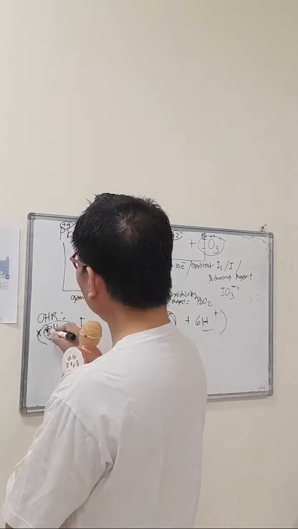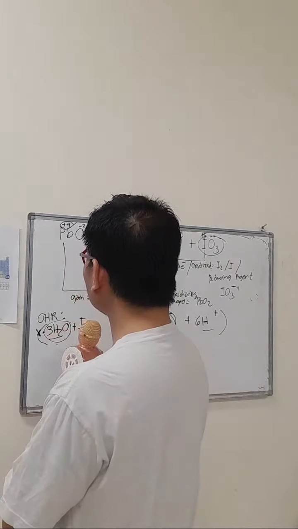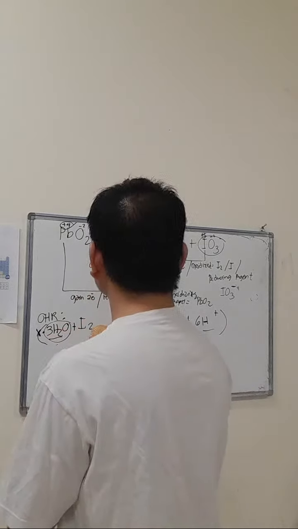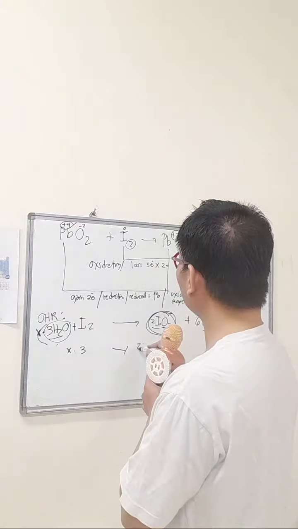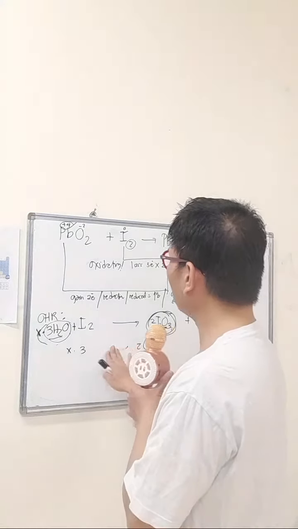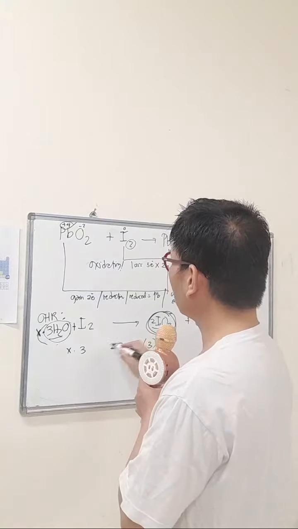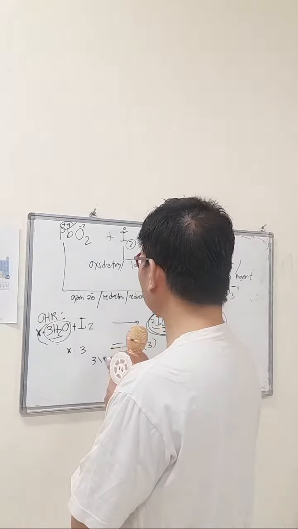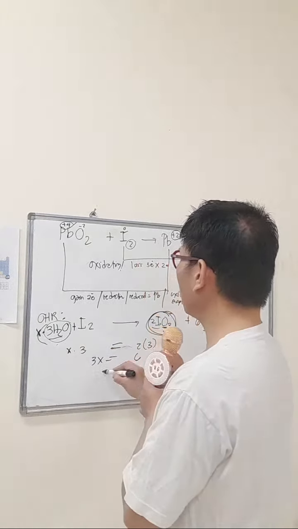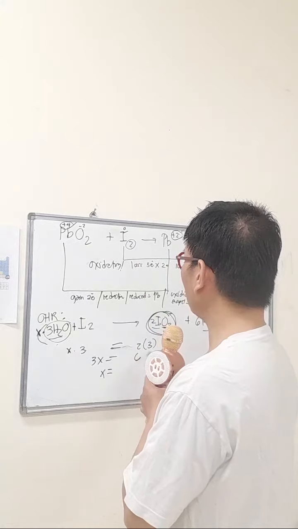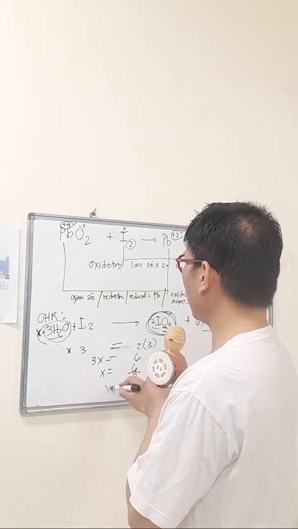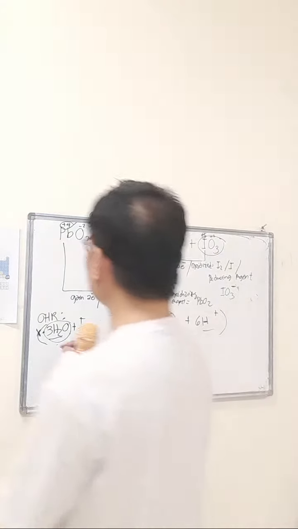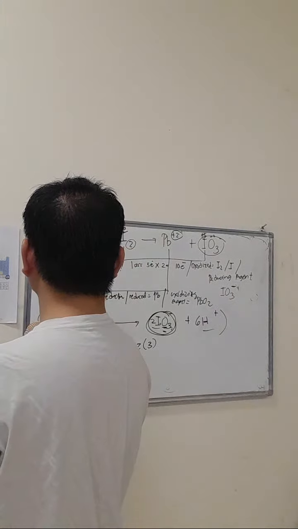X times 3 is equal to the oxygen on the right, 2 times 3. So 3x equals 6, then x is equal to 6 divided by 3, which is 2. X is equal to 2. So put 2 here beside the hydrogen.